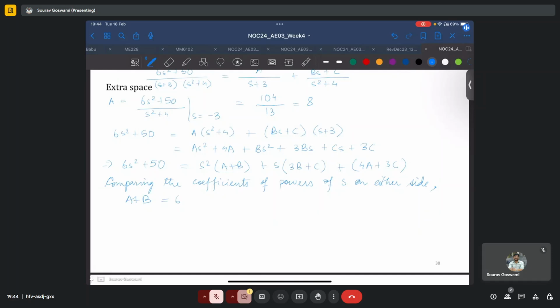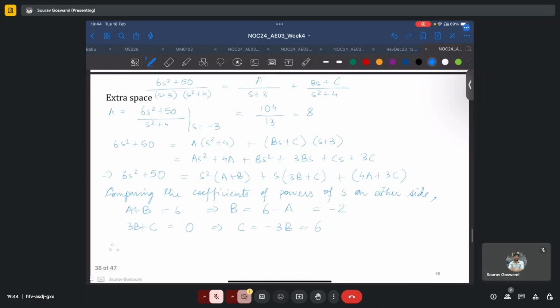A is already known to us and it is 8. So B becomes minus 2. And the coefficient of s on the RHS is 3B plus C. But on the LHS it is simply 0. So C becomes minus 3B, which is 6.